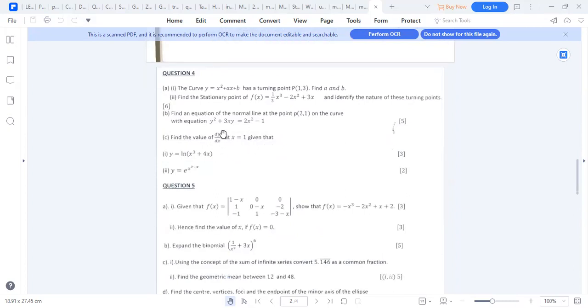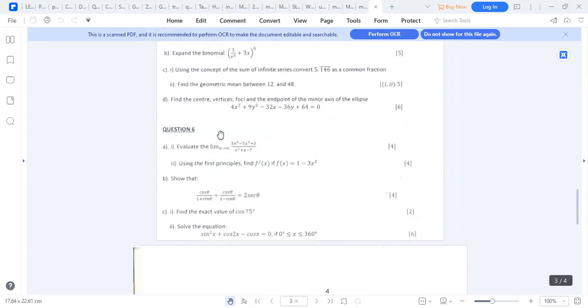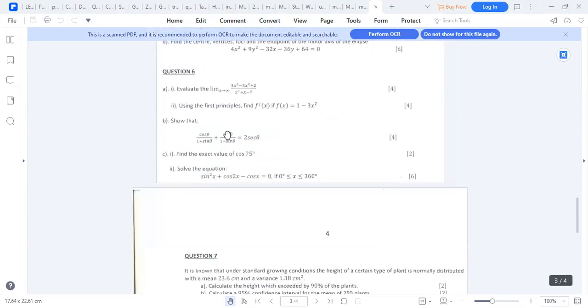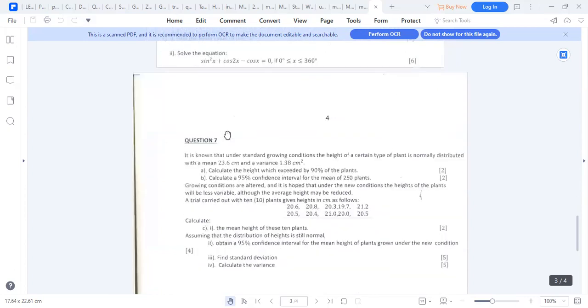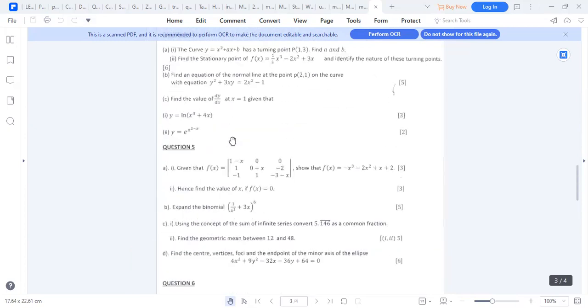Okay. So we're given the following functions. Let's try to look at this function here.